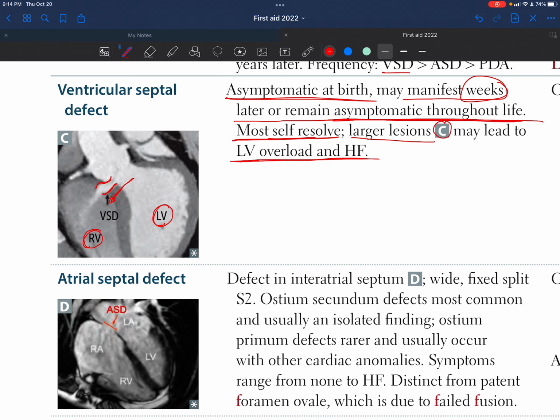So this is considered a huge VSD. So basically the left ventricle is having a lot of blood during diastole. It's coming this way, because there's already an opening, so it's just passing blood all the time. So the left ventricle goes into overload, has a lot of overload, and that may lead to heart failure.